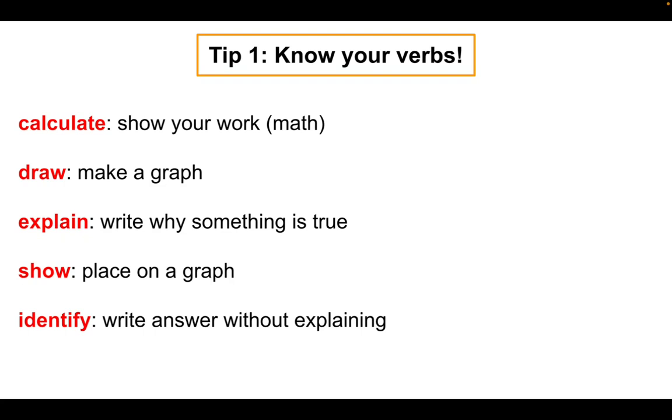Explain. So I would say, John's got the comparative advantage because, and then give my reason. Basically it means give a reason to prove why what you're saying is true. Show means put on a graph. We really haven't encountered this kind of task up to this point in the course, but you'll see it later.